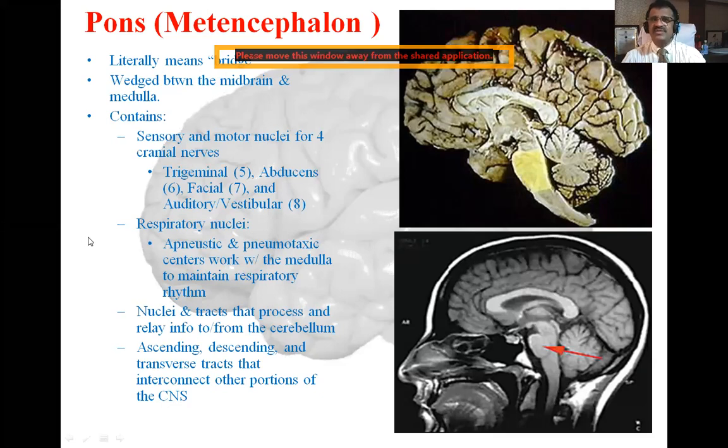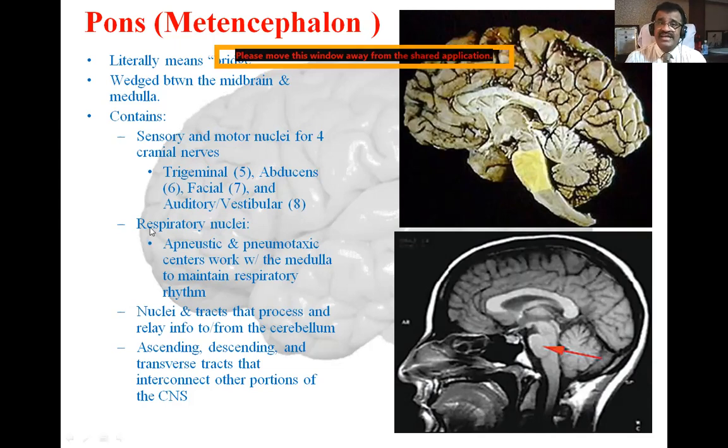It is wedged between the midbrain and medulla, and contains sensory and motor nuclei for four cranial nerves. I told you that in the beginning. After the fourth comes the fifth, because three and four are on the midbrain. So five, six, seven, and eight: trigeminal, abducens, facial, and vestibulocochlear. Vestibulocochlear is the perfect name for that.